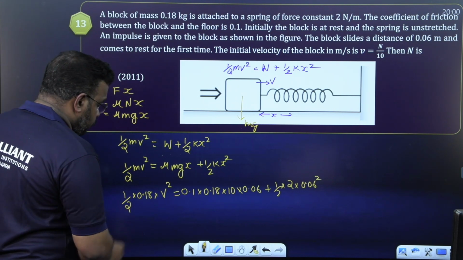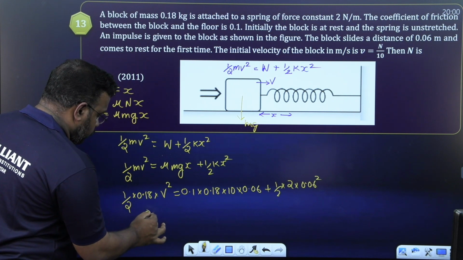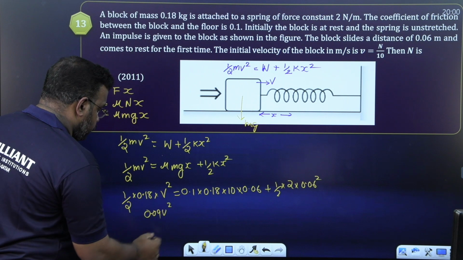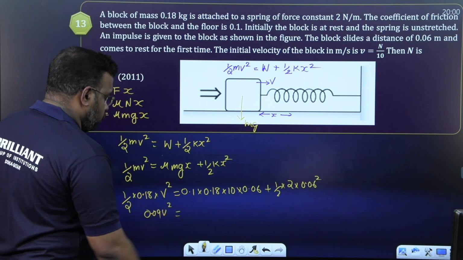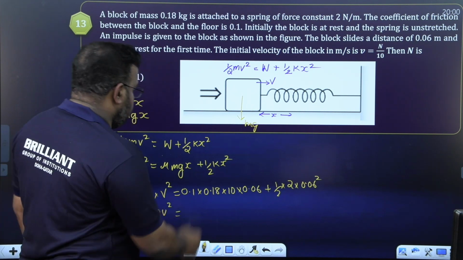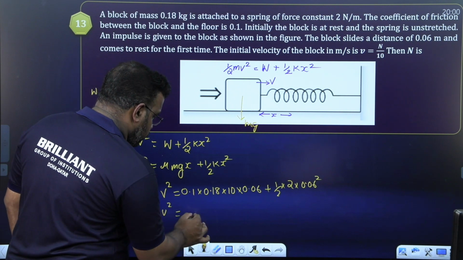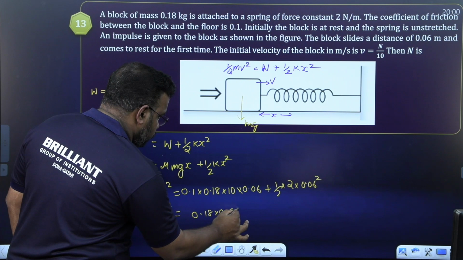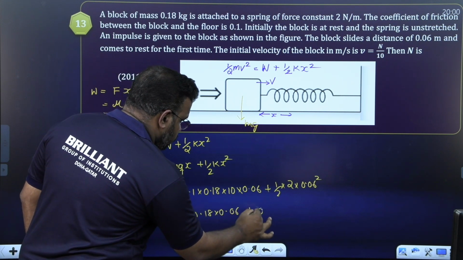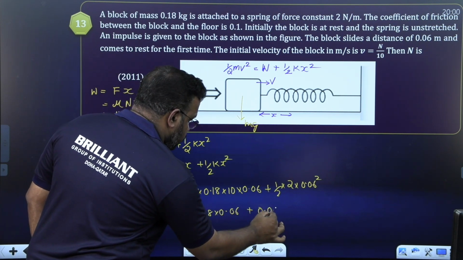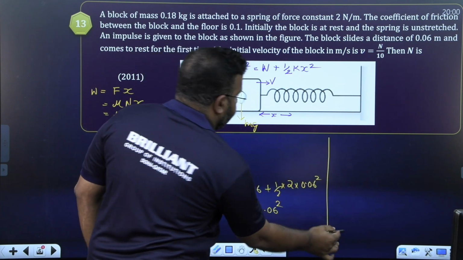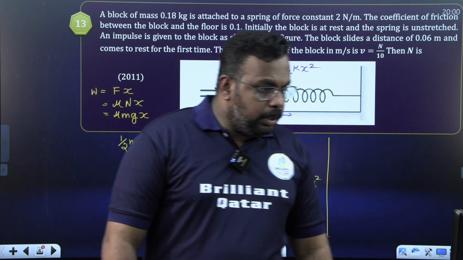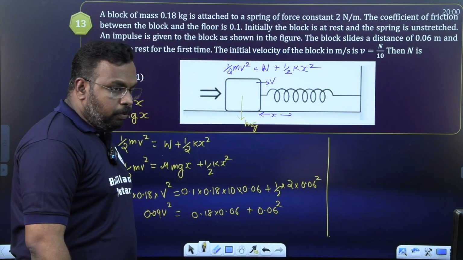So here we get 0.09 V square, equal to (10 into 0.1) into 0.18 into 0.06 plus 0.06 the whole square. V is equal to 0.4 you are getting.